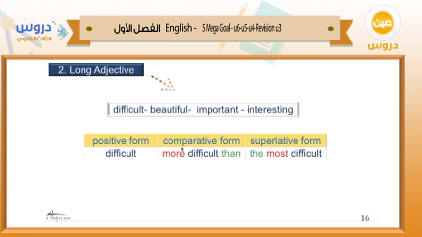If I want to make a comparative form, I have to add "more" before the adjective. More difficult than. But the superlative form, the most difficult. More beautiful than, the most beautiful. More important than, the most important. More interesting than, the most interesting. So this is the form for the short adjective and long adjective, right?